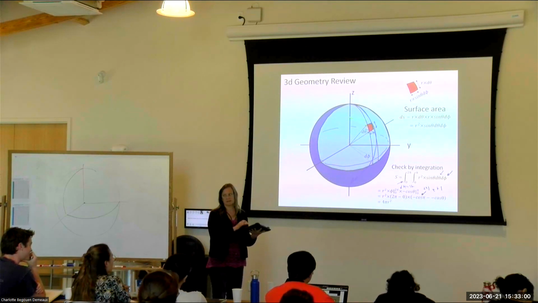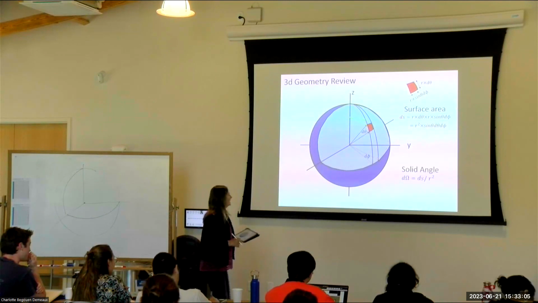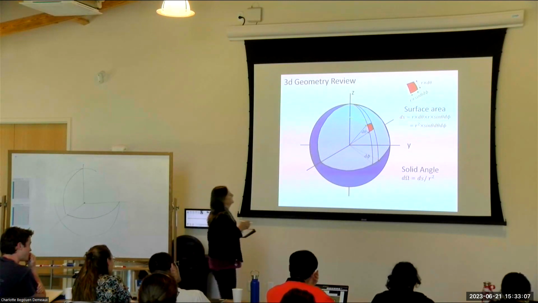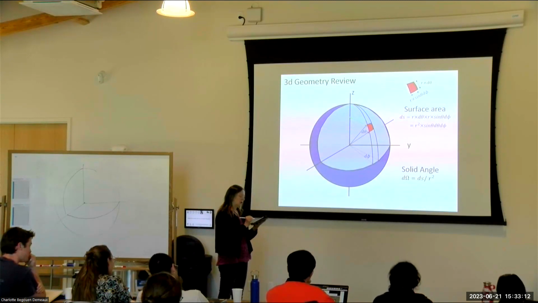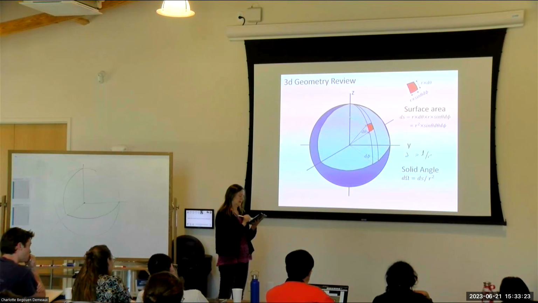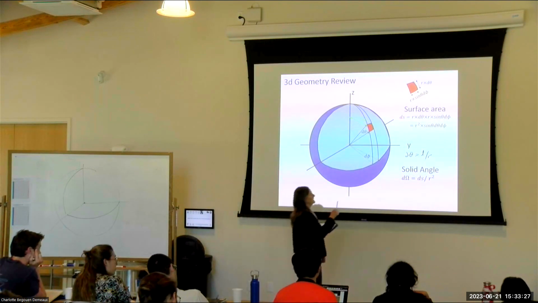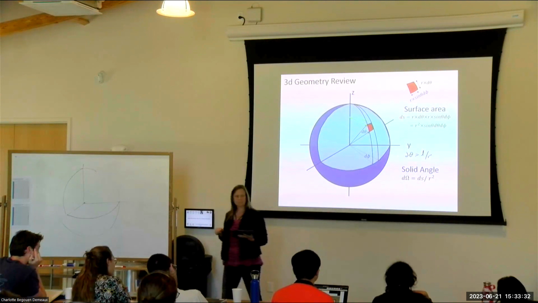Keeping track of your negative signs is the hardest part, and remembering your unit circle. So what that means is that, analogous to the arc length, where L over R was equal to d theta in 2 dimensions, we can say that the surface area divided by r squared is equal to the solid angle.